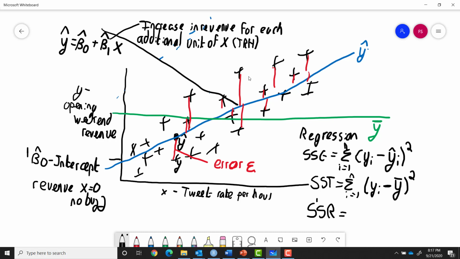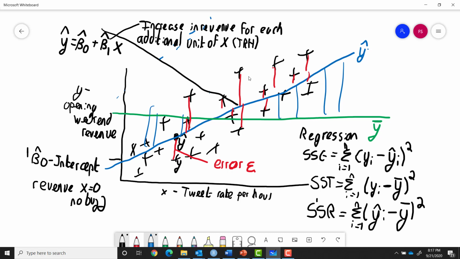The sum of squared regression, i equals 1 to n, of y hat i minus y bar, is the amount of information contained in the regression. And funnily enough, the sum of squared total equals the sum of squared regression plus the sum of squared error.